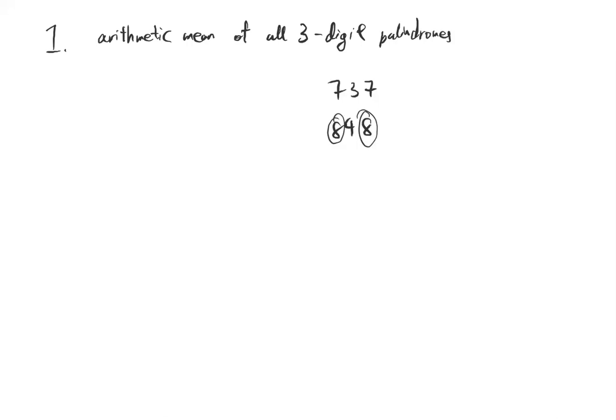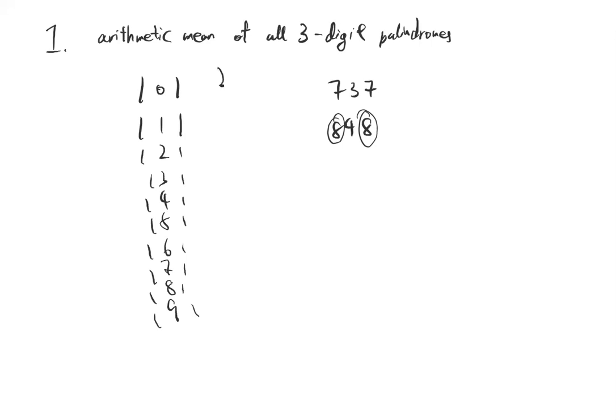To start with this problem, obviously we want to list some palindromes. Let's start from the lowest 3-digit palindrome, which is 1, 0, 1. Afterwards, we just want to keep the first digit and third digit the same, and we don't really care about the second digit. It's like 1, 2, 3, 4, 5, 6, 7, 8, 9. It's the same for 202, 212, and so on.